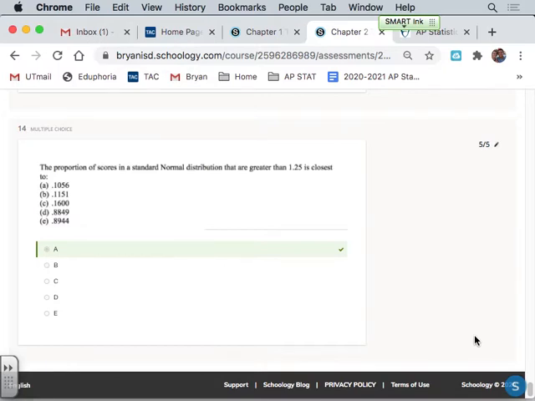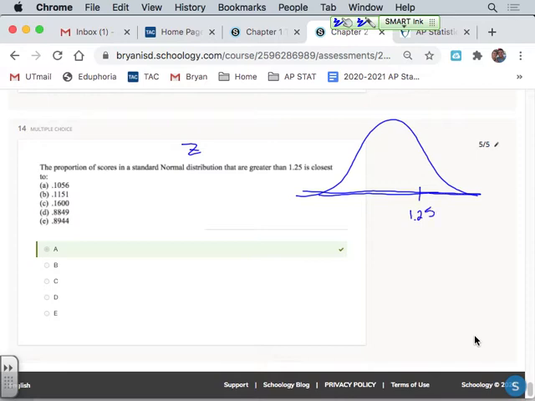Yeah, talked about this. Might as well finish it up. So the proportion of scores of a standard normal, so that was just a Z table, greater than 1.25. A Z score centers around 0. We're talking greater than 1.25.